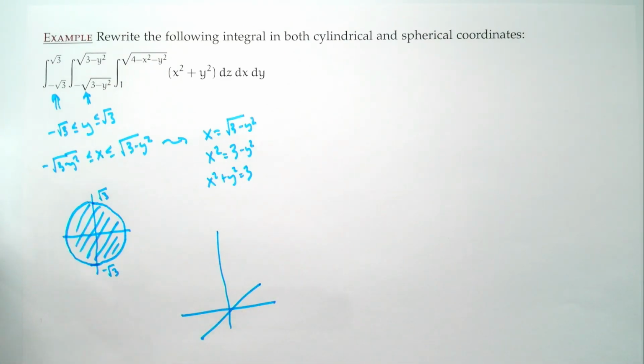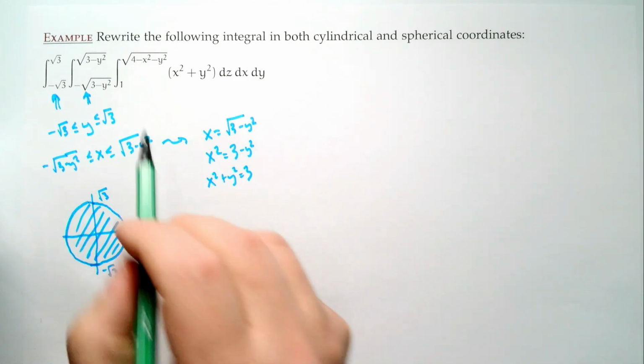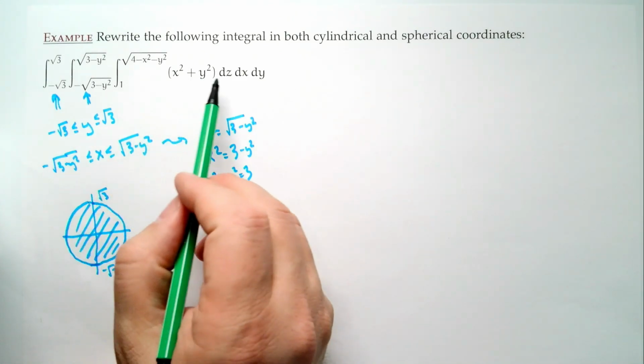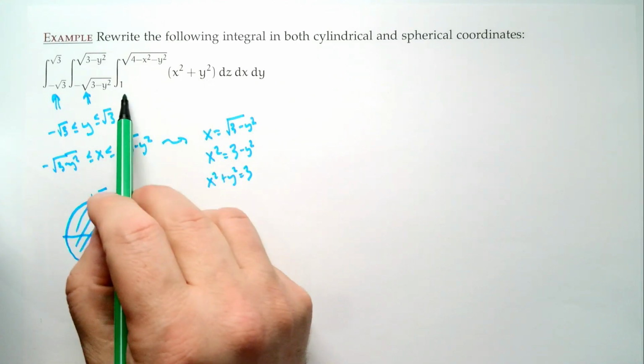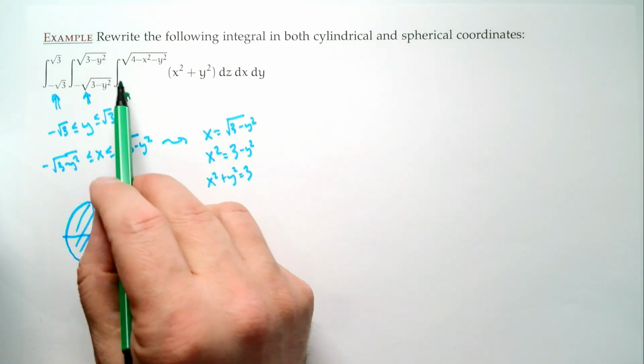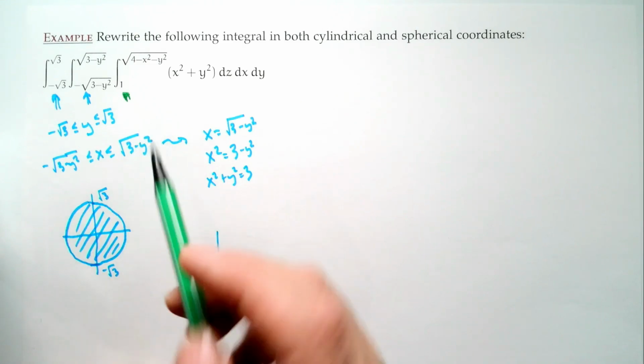So it says the following: if you were to look in three-dimensional space, the region you care about is sitting on top of this circle down here in the xy plane. Okay, now we have to figure out where are we? So we go to our last layer, our innermost piece of information. This is a z integral. Where does z go between?